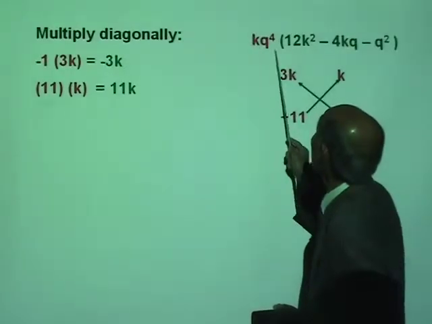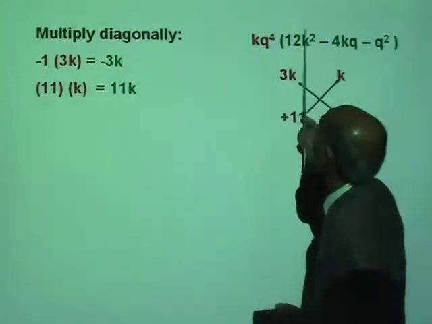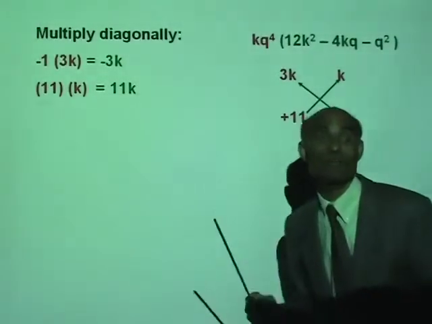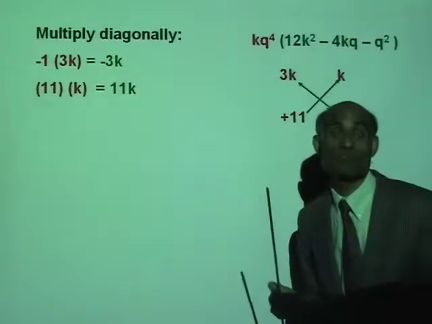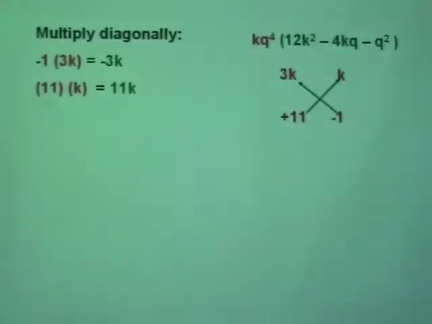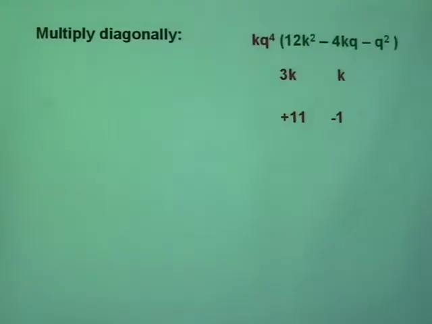Well, I've got the wrong polynomial here. You see, I should have written the correct one, which is, you remember what that is from the earlier one? Well, this is the polynomial we are working with, which is 3k squared plus 8k minus 11.